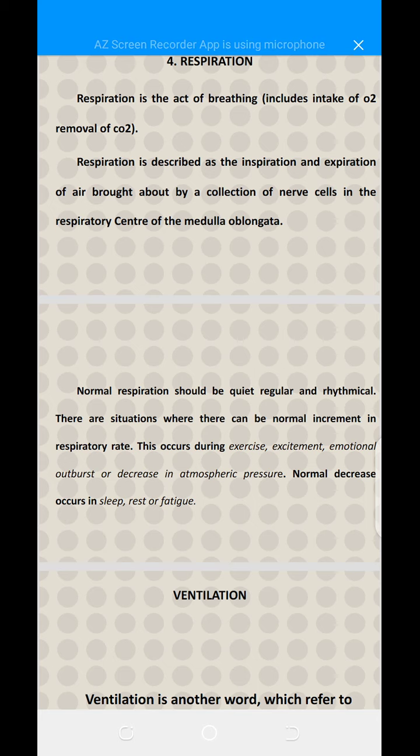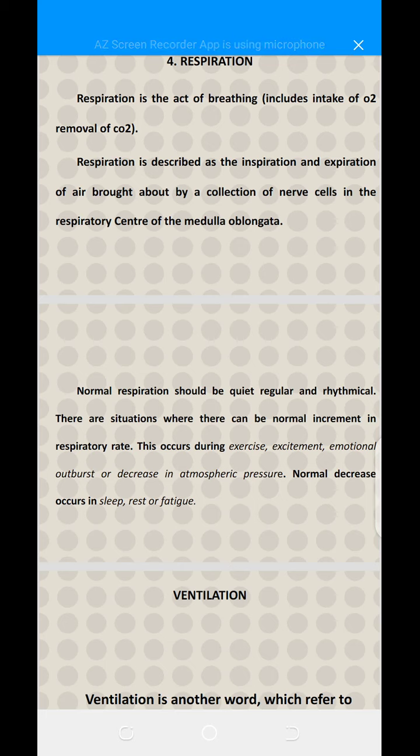But the type of air we are inhaling is mostly oxygen, while the type of air we are breathing out is carbon dioxide. It is good for you to know that we cannot inhale only oxygen and we cannot exhale only carbon dioxide.